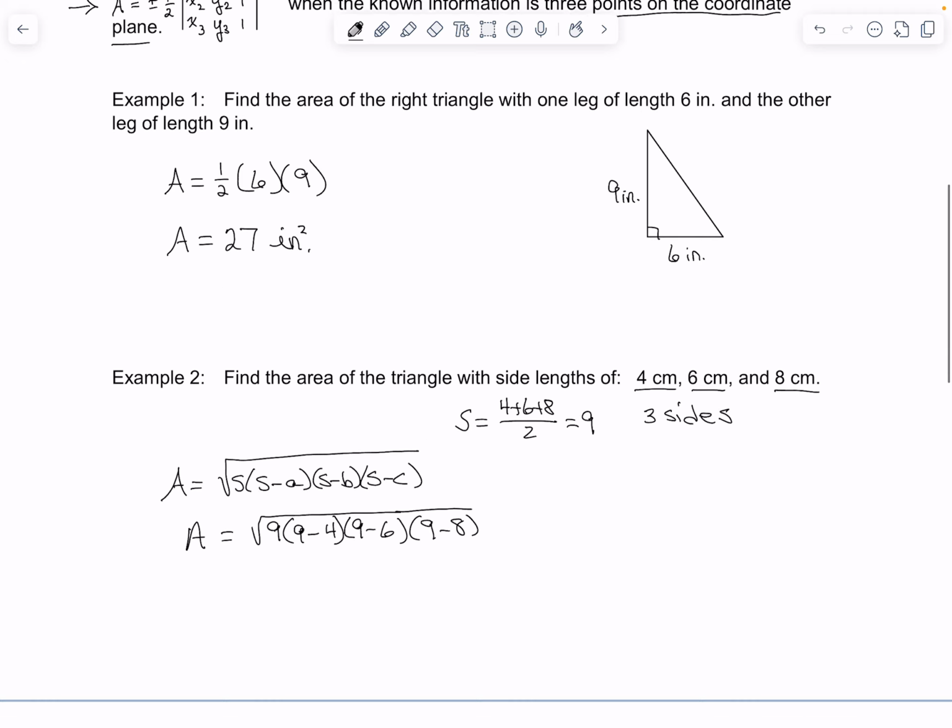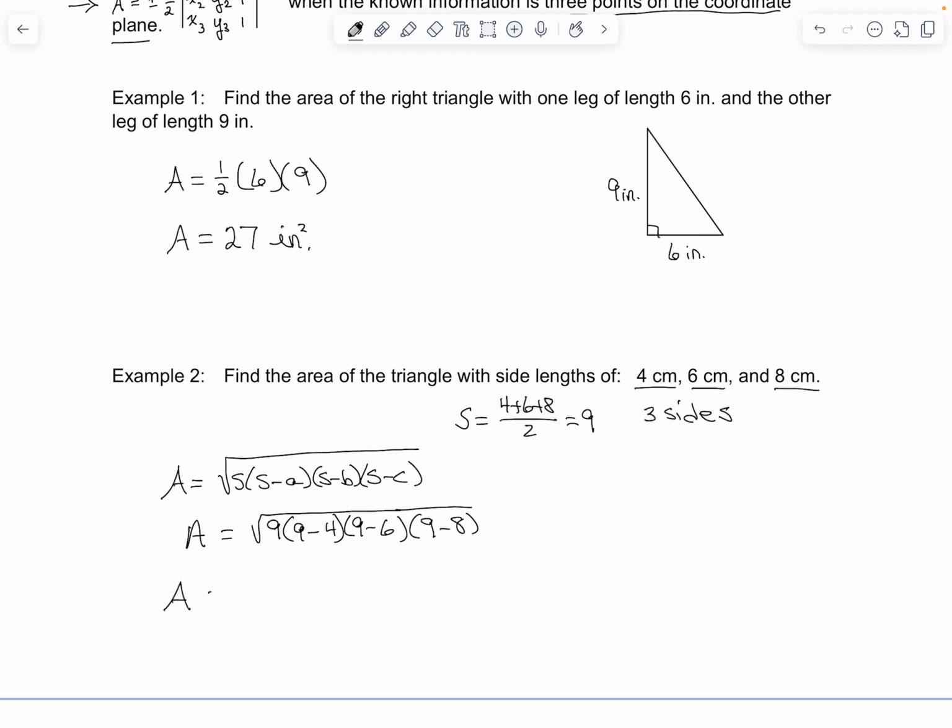Now let's go ahead and simplify this. It's the square root of 9 times 5 times 3 times 1. And this is all multiplication under the radical, so we can simplify this square root by bringing out any perfect square factors.